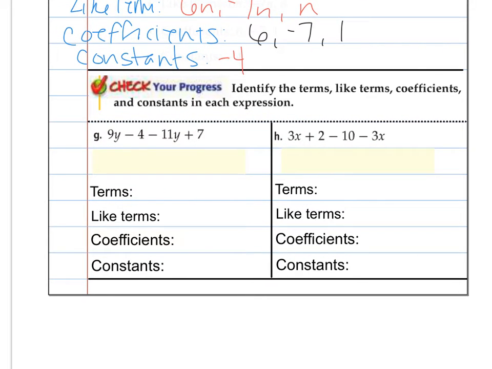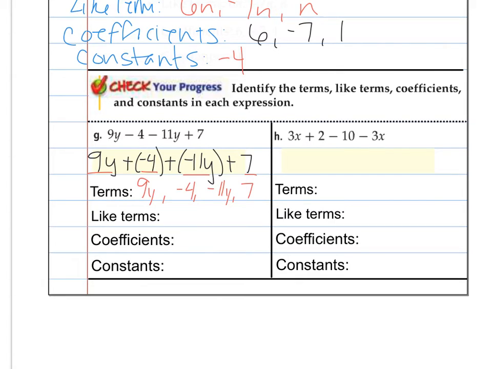So you could pause and give these ones a try if you think you're ready. The first part is just to rewrite it so that you can see how it's broken up if you change them all to addition. So the terms are each one because they're separated by an addition or subtraction. So it's 9y, -4, -11y, and 7. Each one of those is its own term.